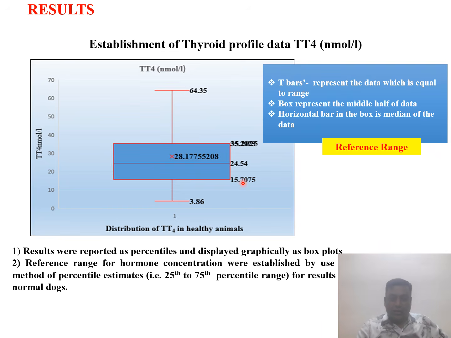But if values are less than 15.70 with predominant clinical findings of hypothyroidism, like I told, increase in body weight, then hair issues or skin issues, then we can suspect there could be hypothyroidism in the patient.